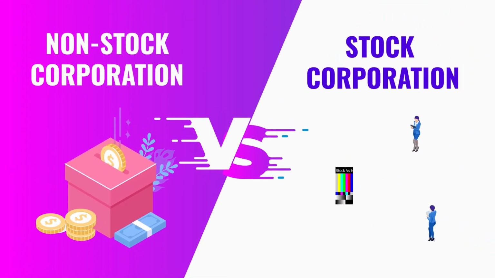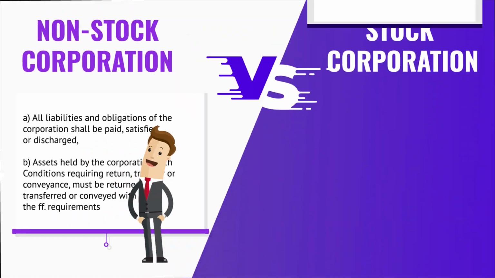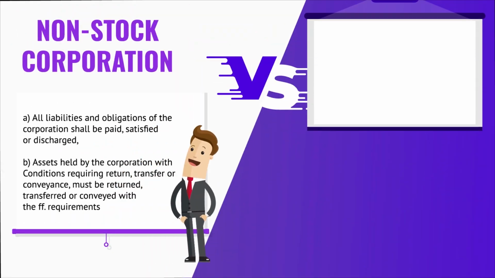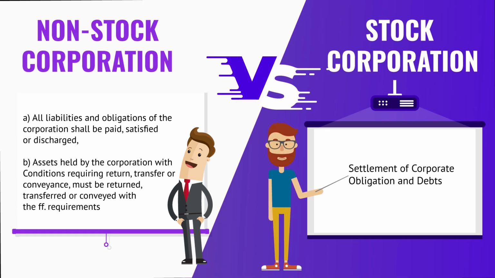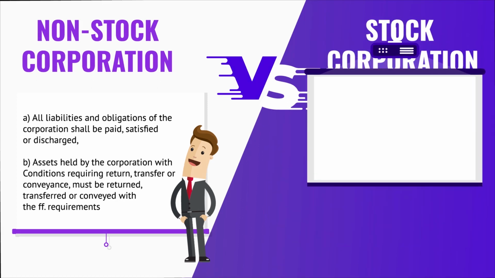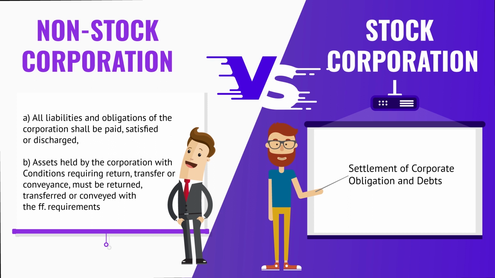Section 93. Rules of distribution. Non-stock versus stock. Non-stock: all liabilities and obligations of the corporation shall be paid, satisfied or discharged. Assets held by the corporation with conditions requiring return, transfer or conveyance must be returned, transferred or conveyed with the following requirements. Stock: settlement of corporate obligations and debts.